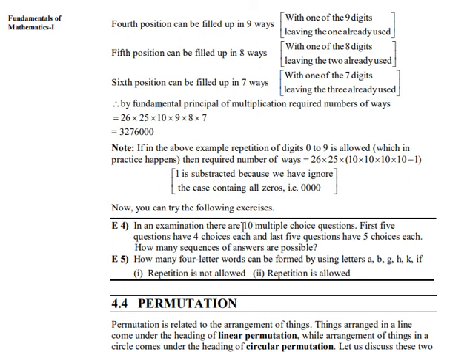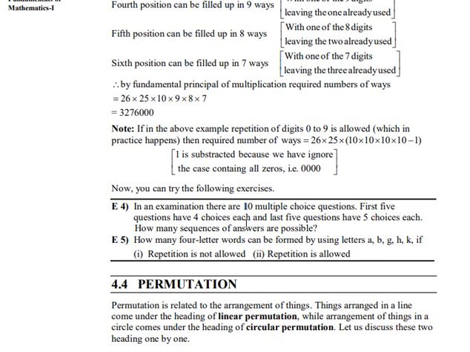Now you have to select for all the 10 multiple choice questions. So for the first question 4 choices, similarly till 5 you have 4 4 4 4 4 and then 5 5 5 5 5. So it would be multiplication. Why? Because there are 10 multiple choice questions.